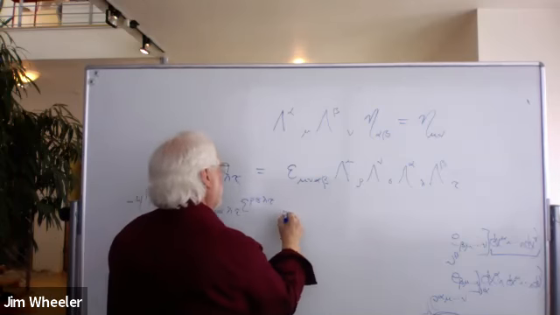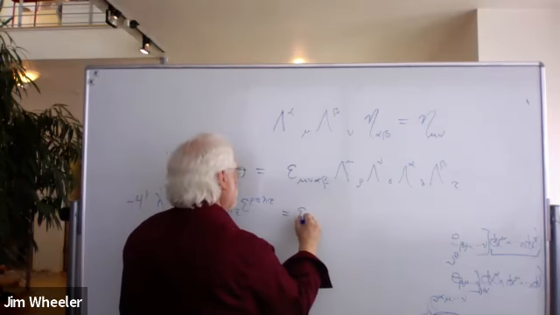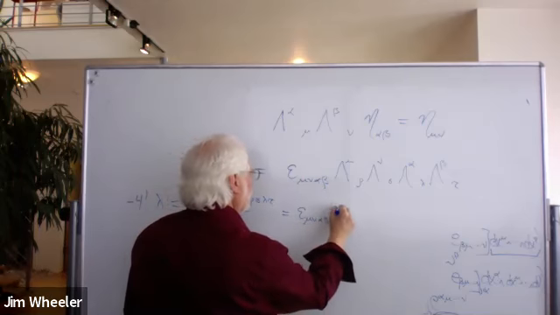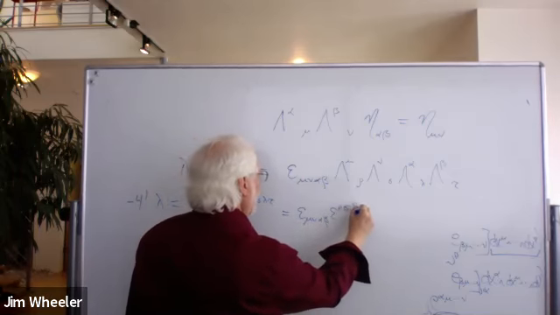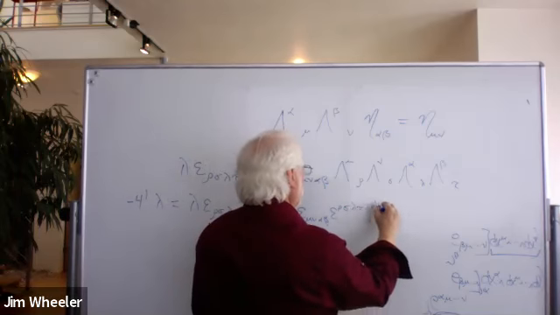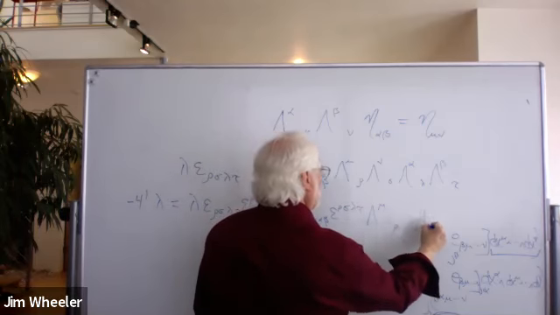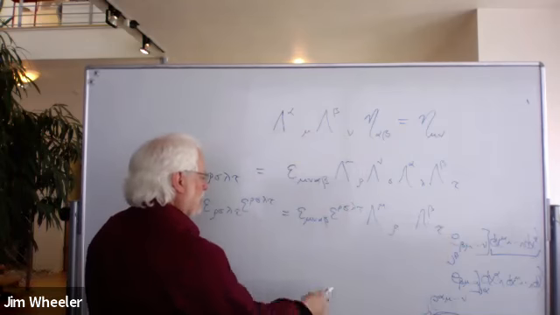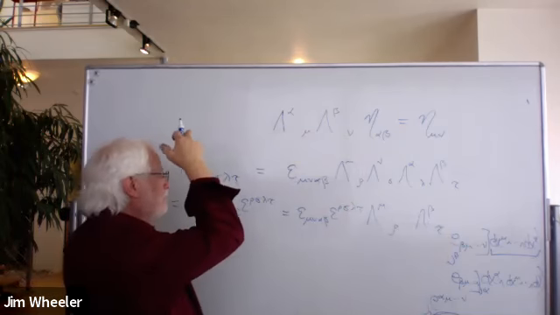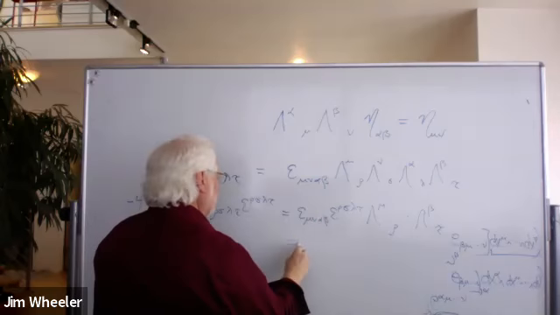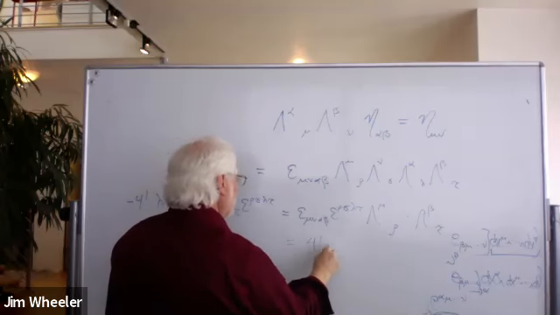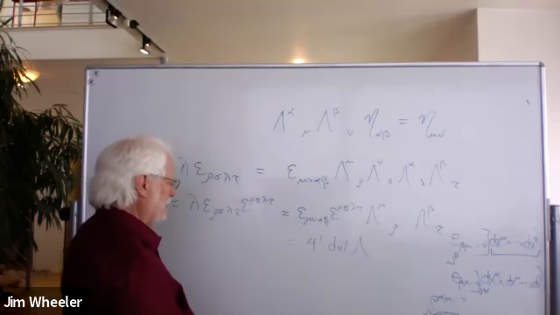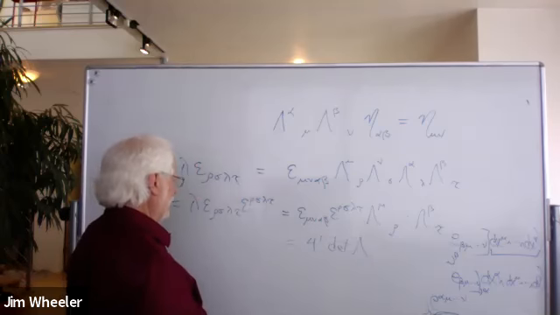On this side, this gives us ε^{μναβ} ε_{ρσλτ} Λ^ρ_μ through Λ^τ_β. This is just 4 factorial times the determinant of Lambda, up to a sign.